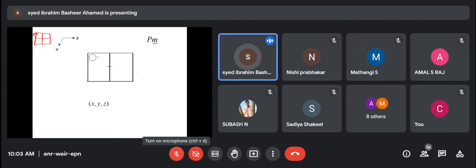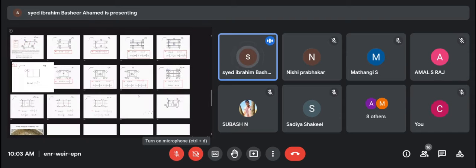So you have the molecule X, Y, Z, and you have the mirror axis here. The equivalent position for this is X, Y bar, Z bar. So you have to remember this table again.